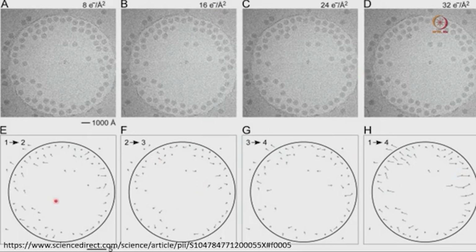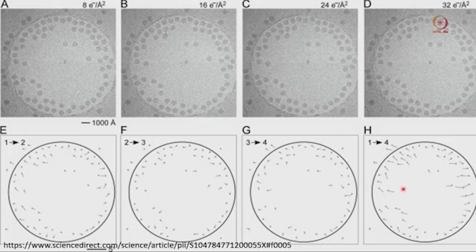You can see that between 8 electrons per angstrom square and 32 electrons per angstrom square there is a drastic change, because the movement is much higher when you are using 32 electrons per angstrom square. So, you can see most of the particles are moving, some in this direction, some in this direction, some in this direction.